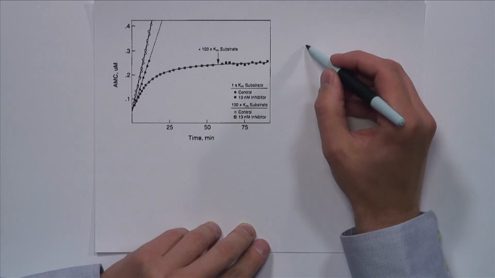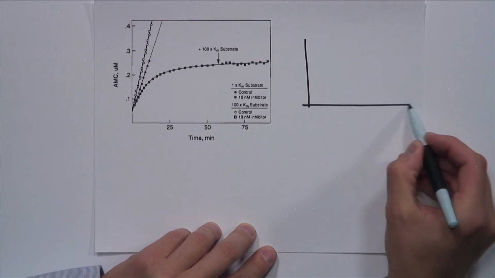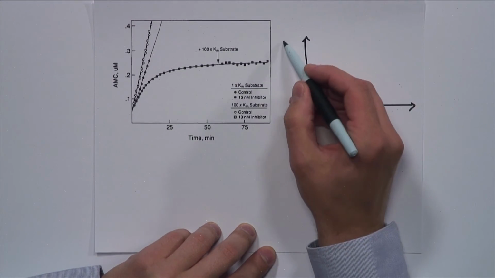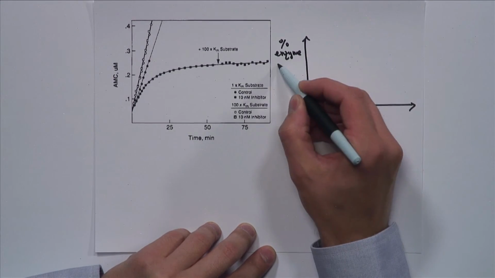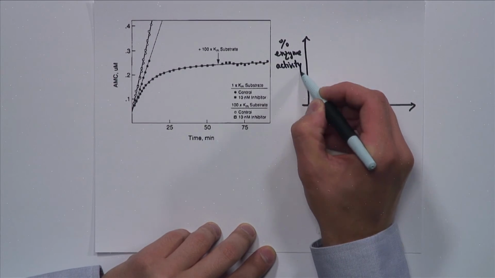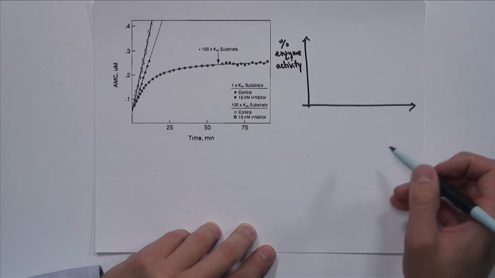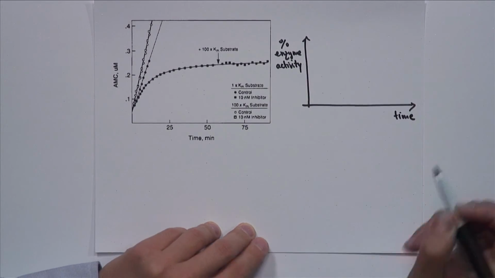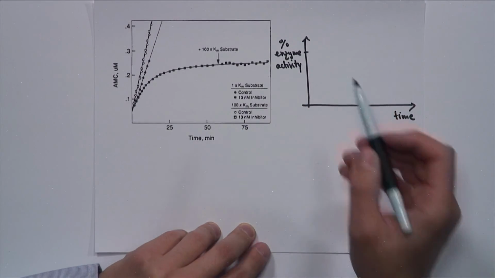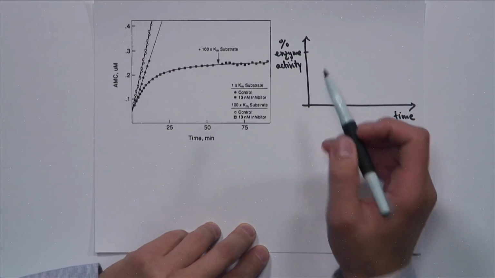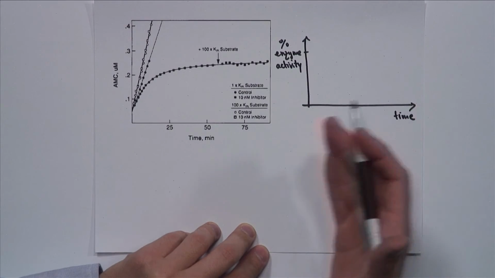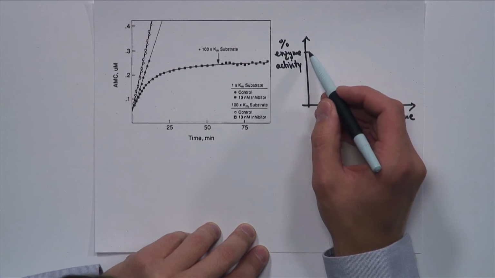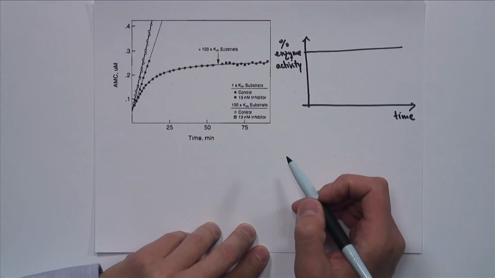Therefore, if we're to plot percentage enzyme activity versus time, for a control reaction, we expect the reaction to proceed and the enzyme to stay just as active at any given point in time, so we will see a straight line.